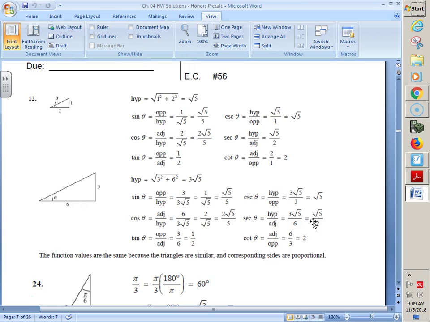Its trigonometric ratios will be the exact same, because trigonometric ratios are not dependent on size, they're dependent on ratio. So whether you have a smaller triangle or a bigger triangle, if their sides are proportional, their trig should be the exact same, which is why we're able to take, what was that?